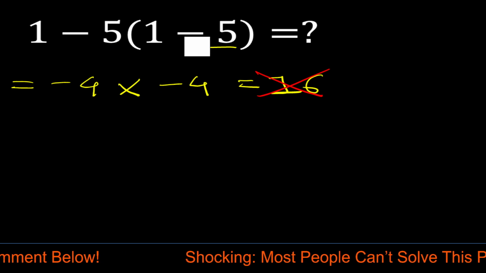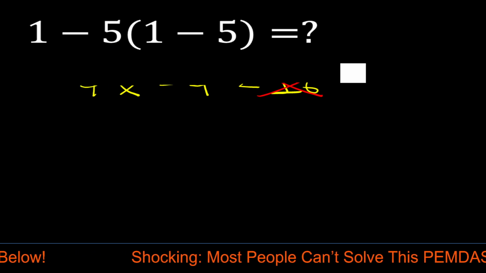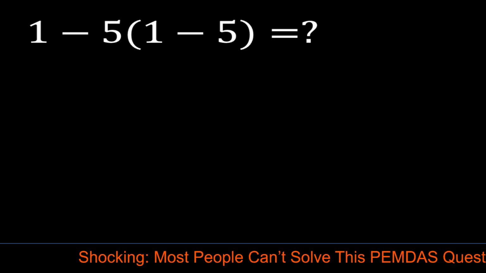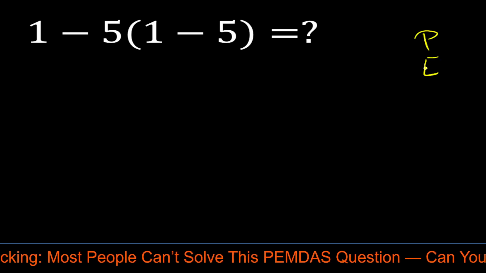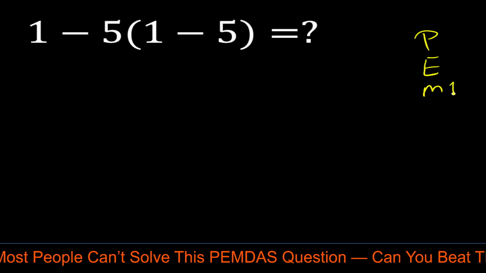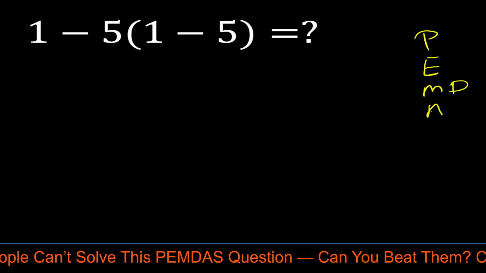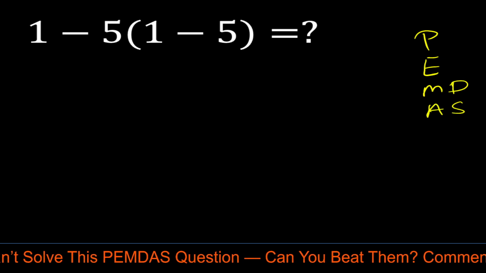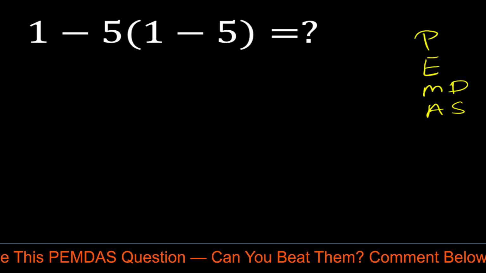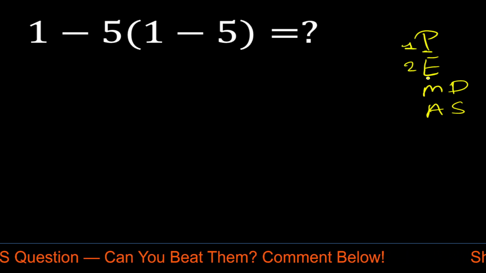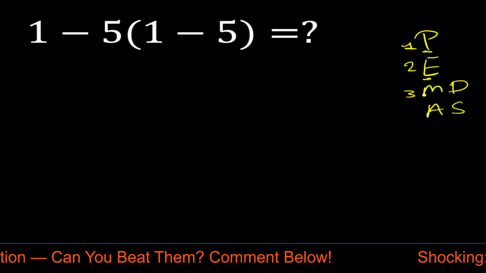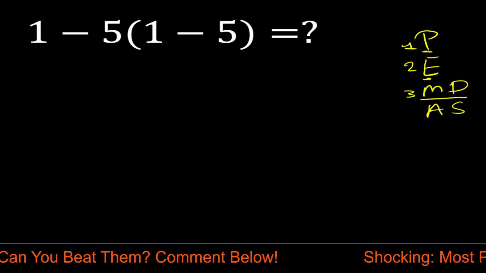So now let's solve this problem correctly by using the PEMDAS rule, right? So PEMDAS, P E M D A S. According to the PEMDAS rule, first priority is parentheses, then second priority is exponents, then third priority is multiplication and division.